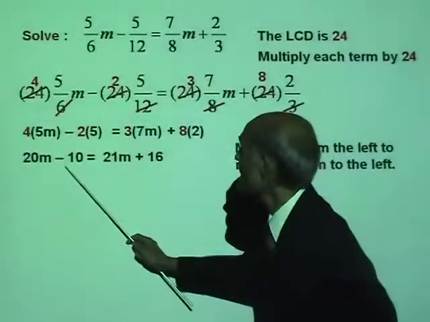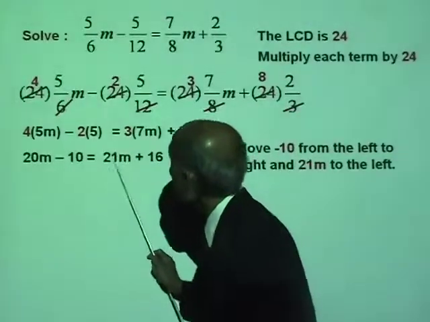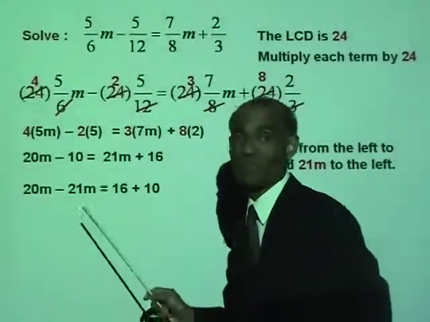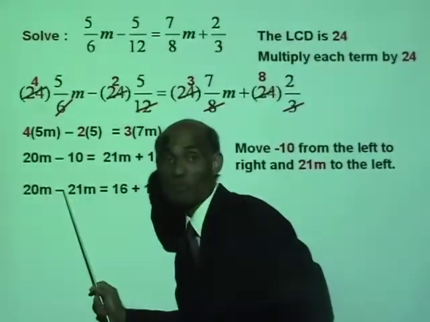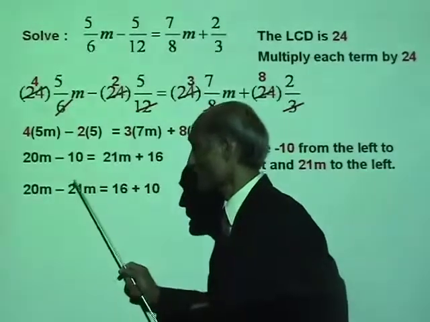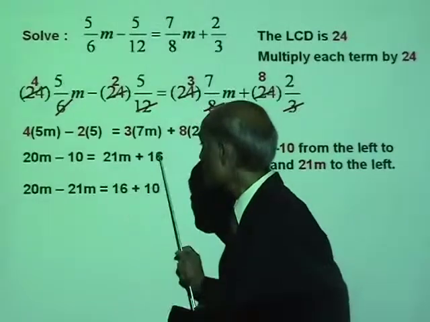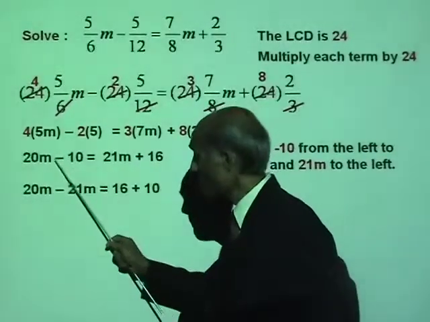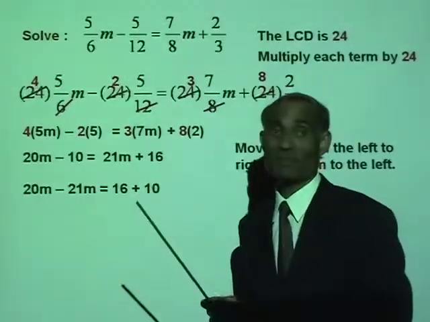And now what do we do? Move negative 10 to the right and 21m to the left. We get 20m minus 21m. Don't forget, when you move a term from the right to the left, it changes sign. Equal to 16 minus 10 will move to the right, become plus 10.